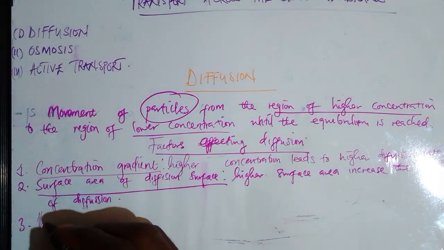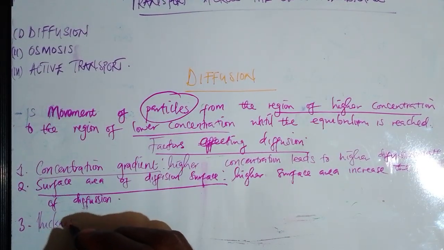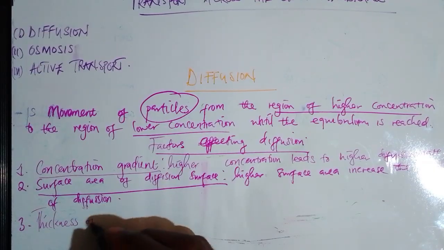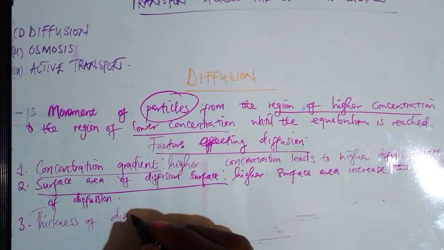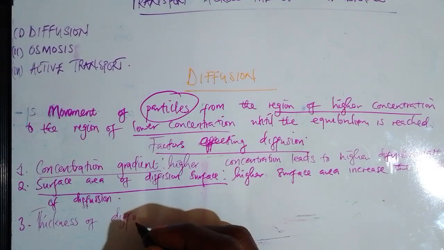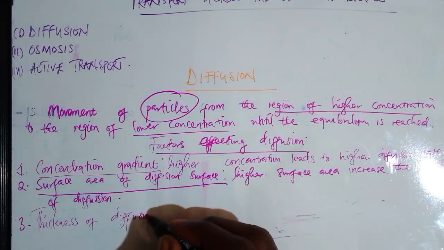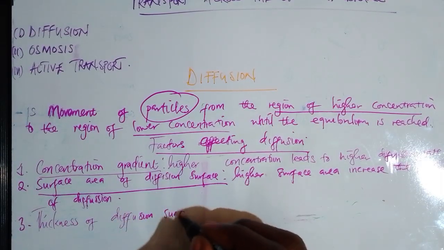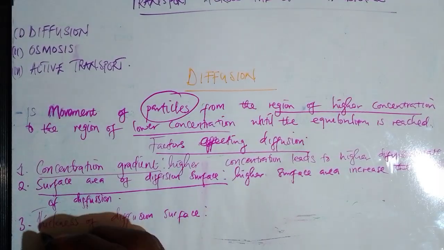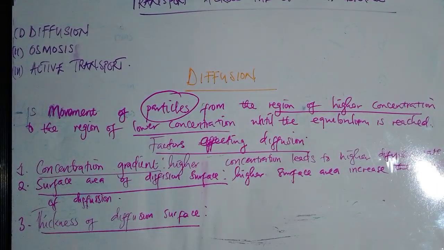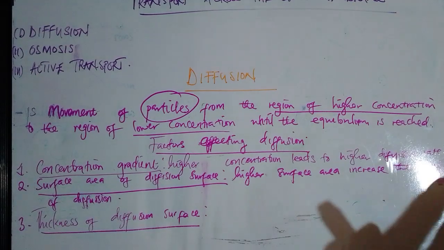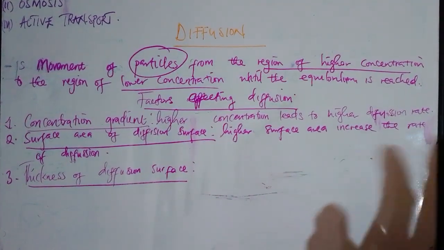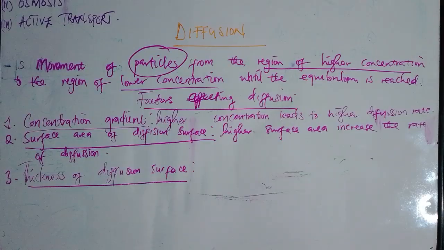Here we're talking about the thickness of the diffusion surface. The diffusion surface can be any surface which allows what? Diffusion. So meaning if that surface is thick, particles will find it challenging to move.